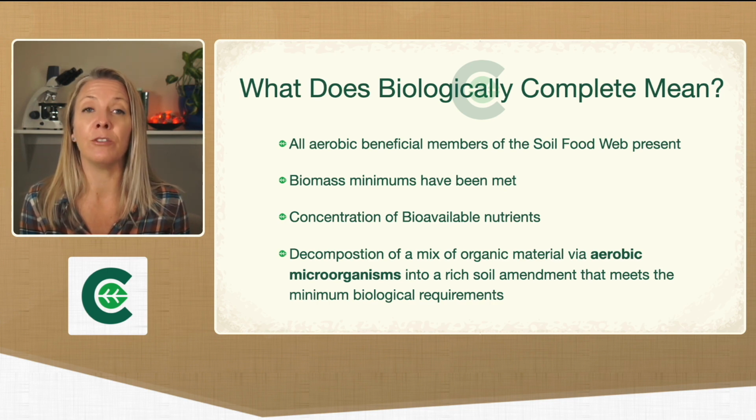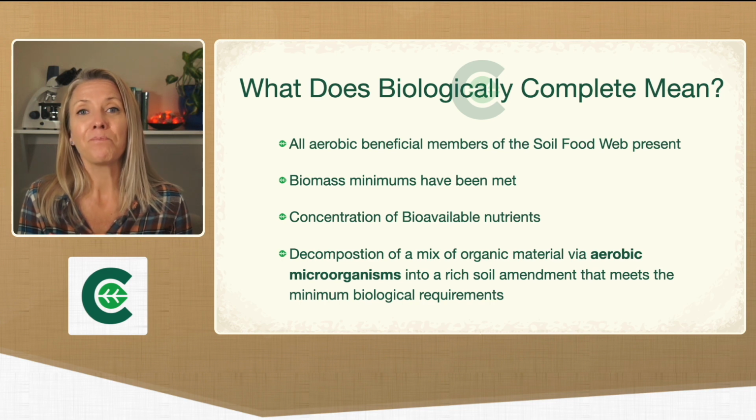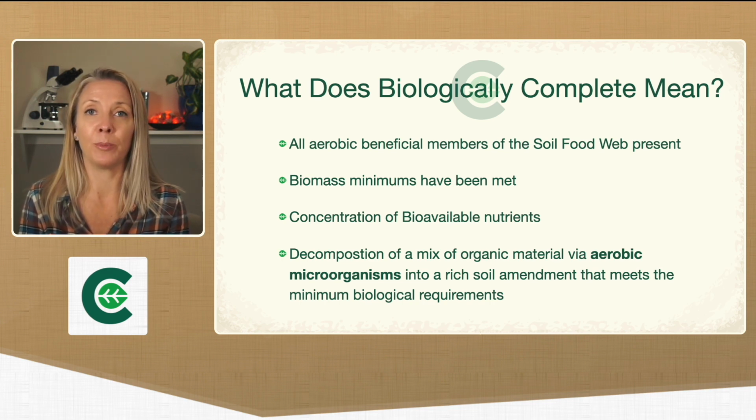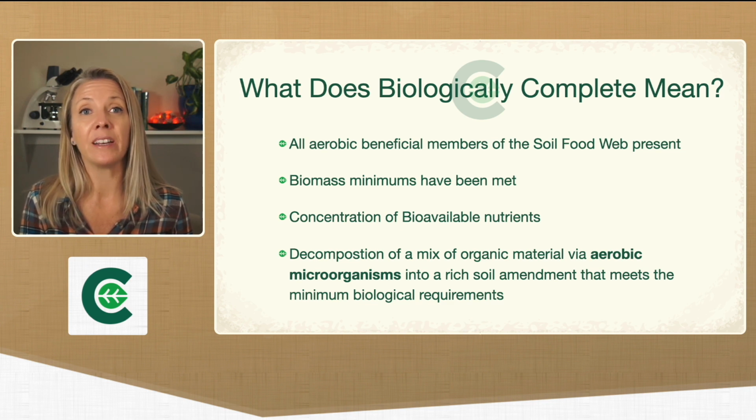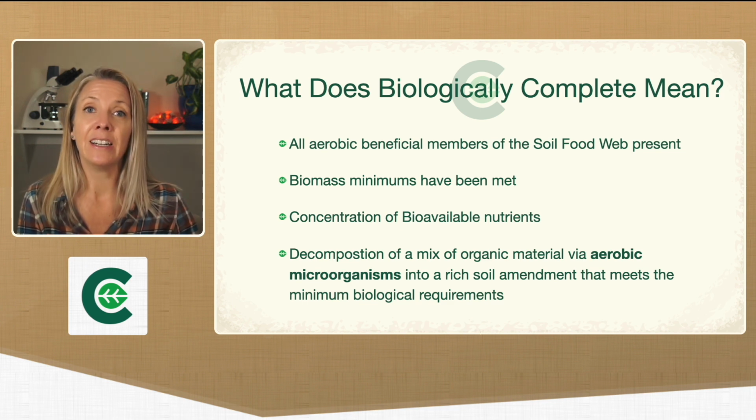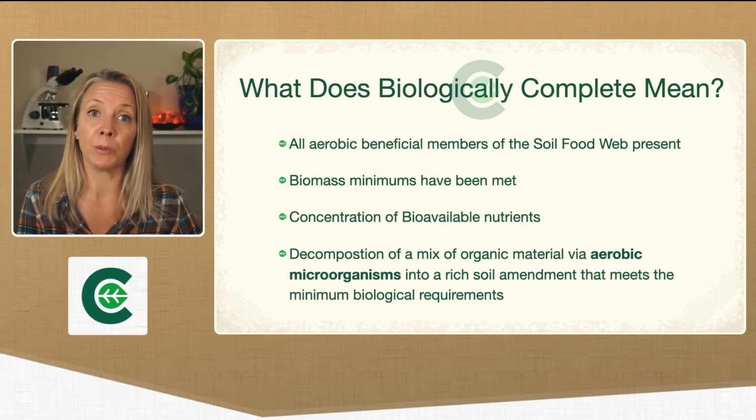And those are the ones that give you that concentration of the bioavailable nutrients. So that's why we delineate between aerobic decomposition and anaerobic decomposition, and make a point to say that not only are we doing decomposition aerobically, but we're specifically trying to breed these sets of organisms at a certain volume.